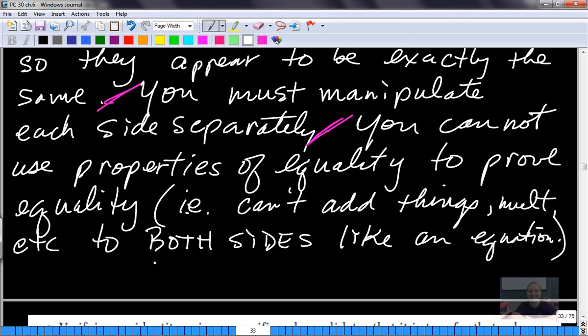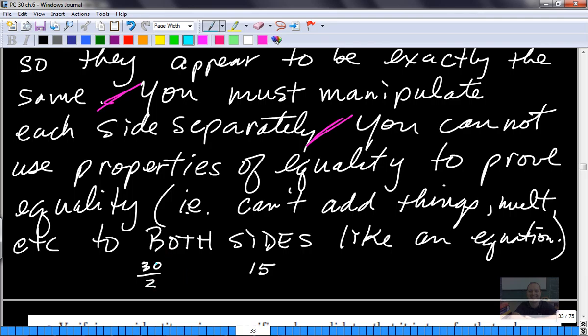So an example would be if I have 30 over 2 and I'm trying to prove that that's equal to 15, okay? If I'm trying to prove something oversimplified like this, well, what can you do? You can manipulate this one side, but you can't bring anything over from the other side, okay? Because that is assuming equality. So what you would say is, okay, well, I know that 30 divided by 2 actually simplifies to 15.